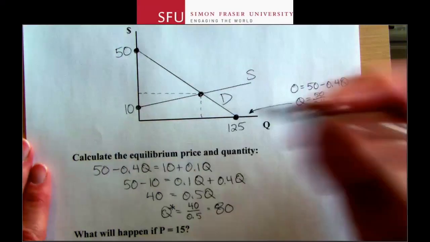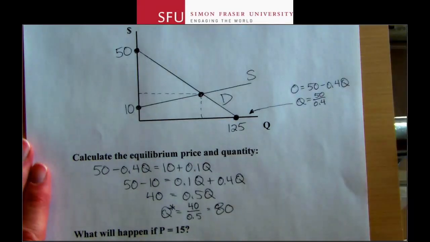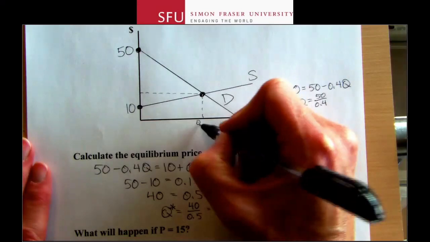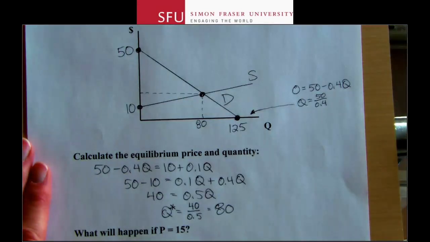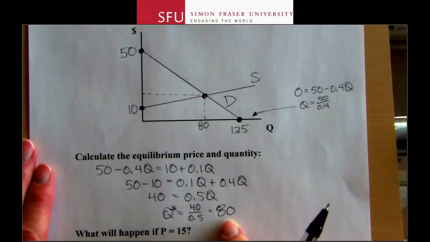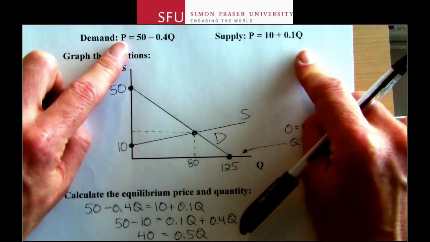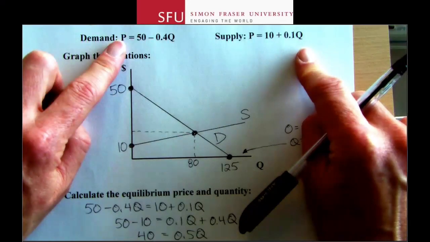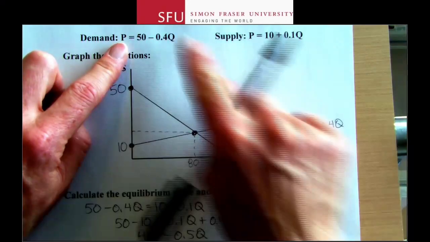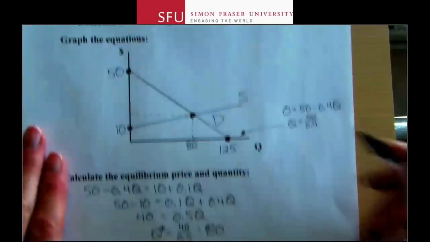And then we can add that to the diagram. And then we calculate the price, and to calculate the price, we use the quantity that we just calculated, and then we put this quantity back into either of these functions to get the price, because they are equal at the equilibrium. So we can put 80 here, or we can put 80 here.